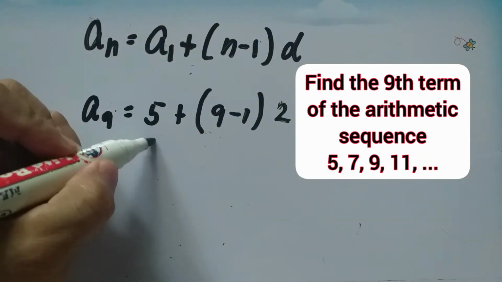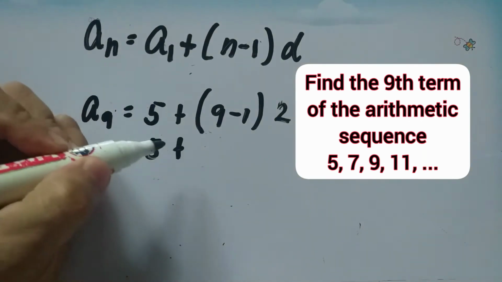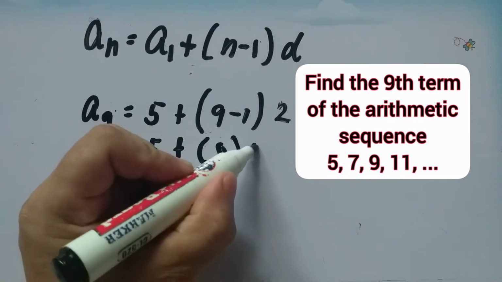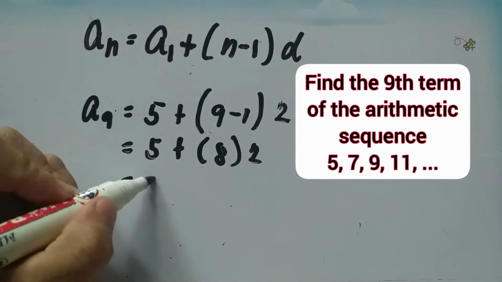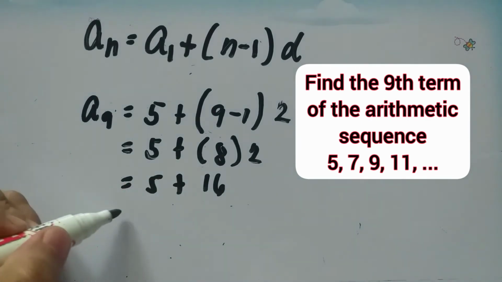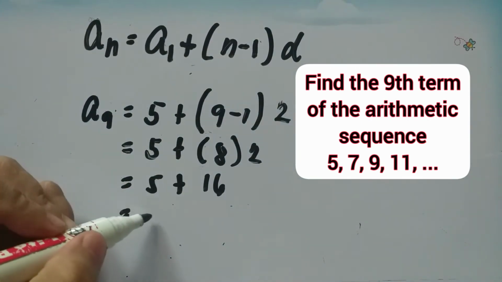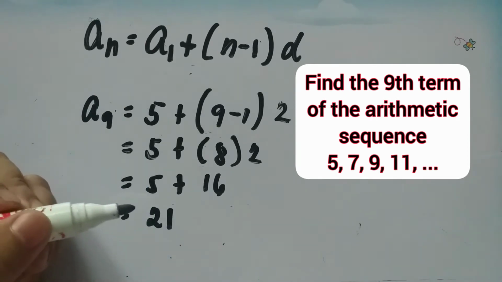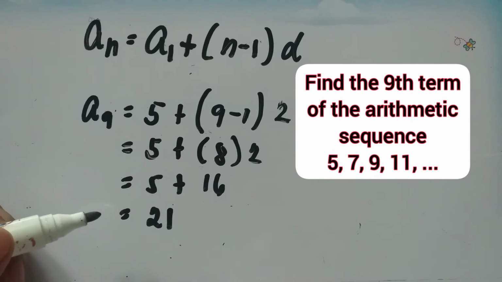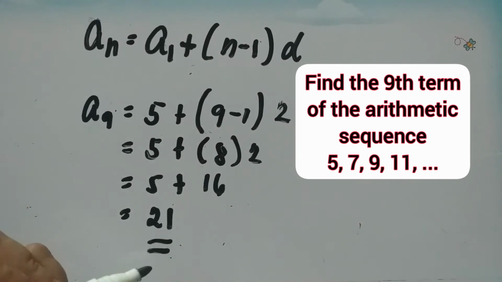We have 5 plus 9 minus 1 is 8 times 2. So we have 5 plus 8 times 2 is 16. So 5 plus 16 is 21. Therefore, the ninth term of the given sequence 5, 7, 9, 11 is 21.